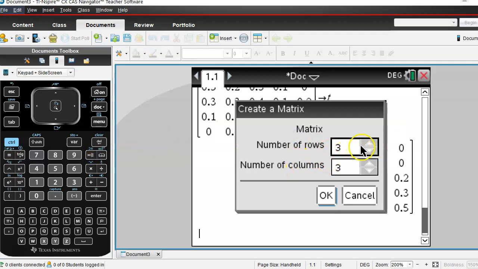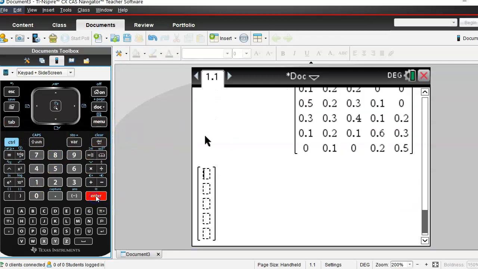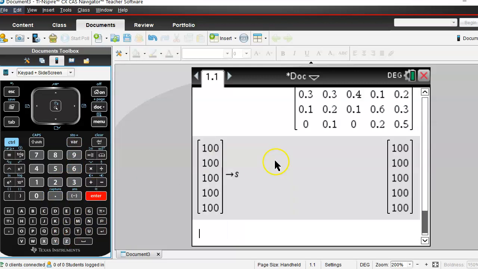So there's 5 rows and 1 column. And with that 500 members, I'm just assigning them equally to the 5 categories. And I overwrite what's in our S currently with this new one.